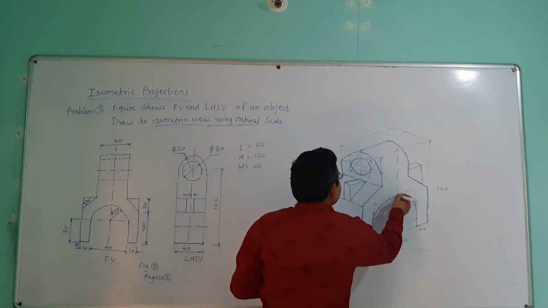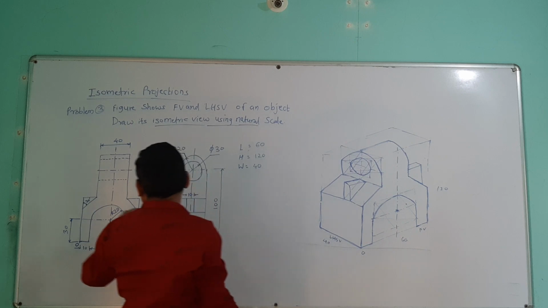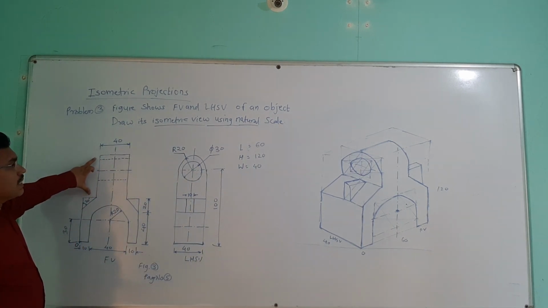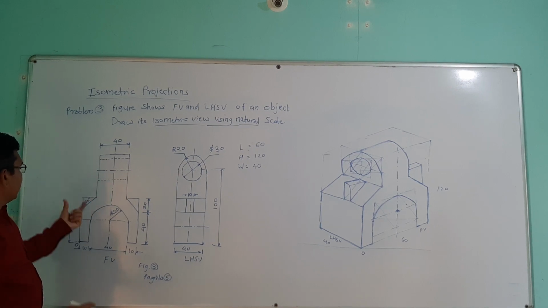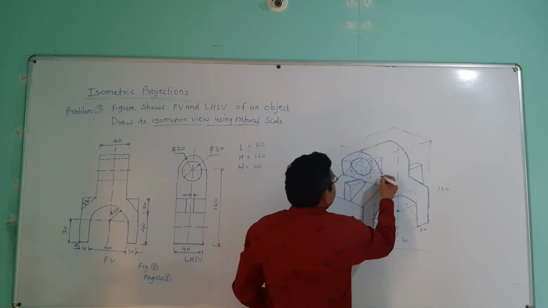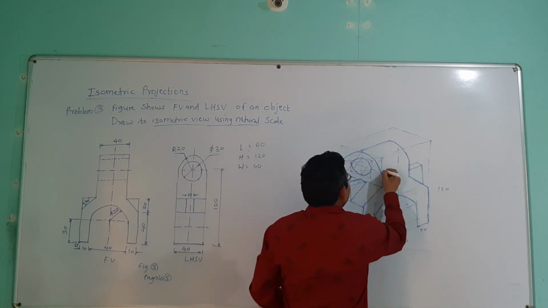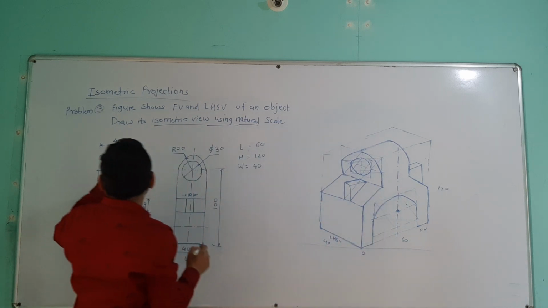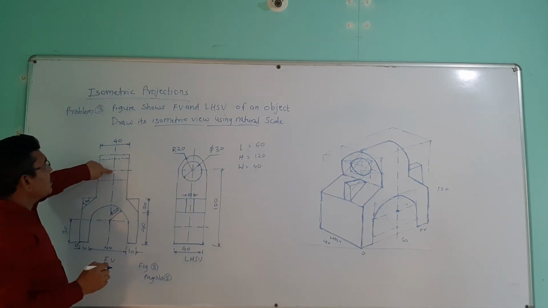Then let us project this center line vertically. We have vertical segments, but here the thickness is 40. So from both sides you draw 20 mm lines, and above the center line the dimension is 20 mm.